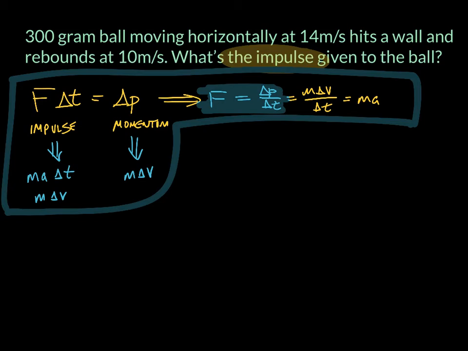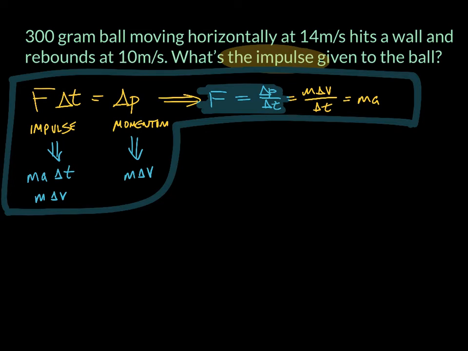Strangely enough, the obvious letter choice for impulse, anybody want to take a swing at this? Capital I? That would make sense, except we use that for current in second semester.